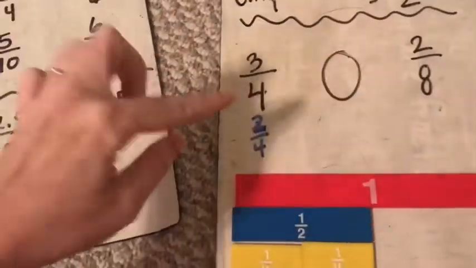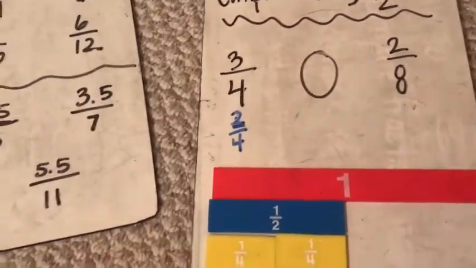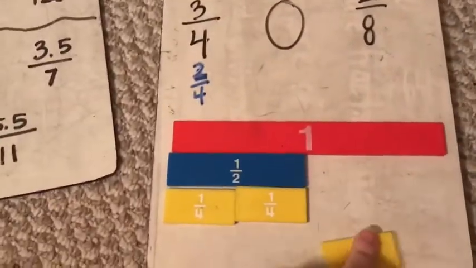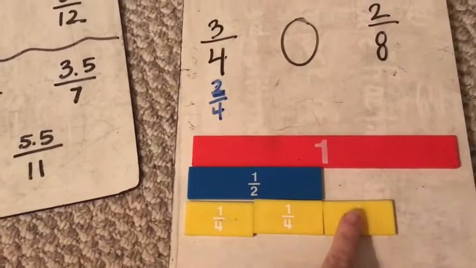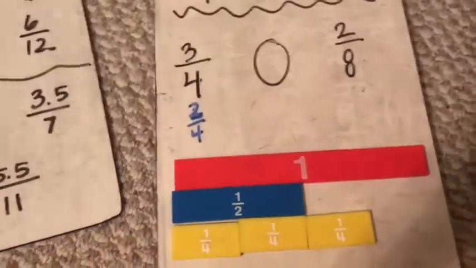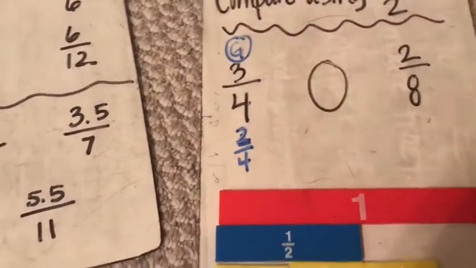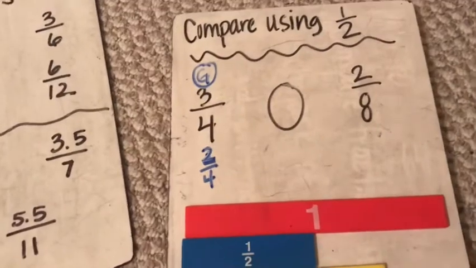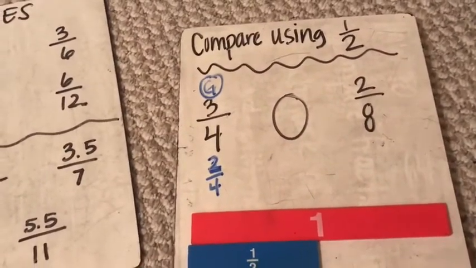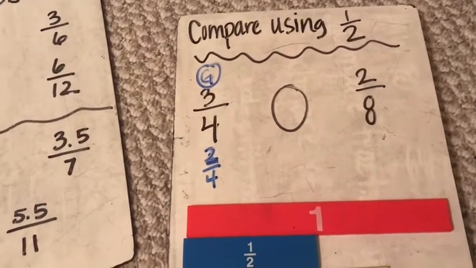So if I know that 2/4 is my half, then if I in fact have 3/4, I know that 3/4 is greater than a half. So I'm going to put a G on the top of this fraction to show me that that's greater than a half. Let me try that same thing with eighths, since now I can see it says 2/8, okay?